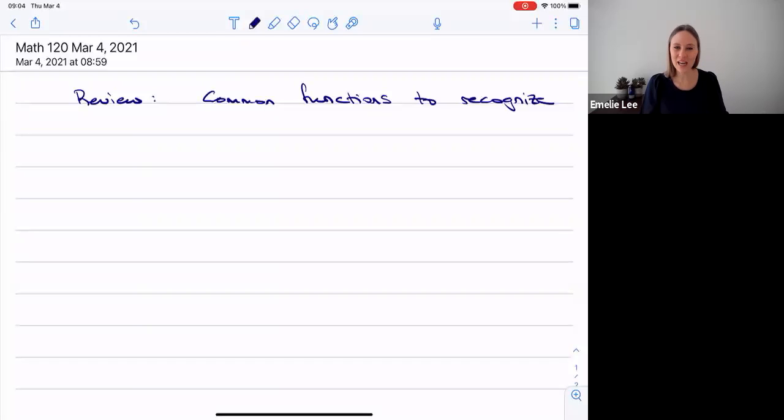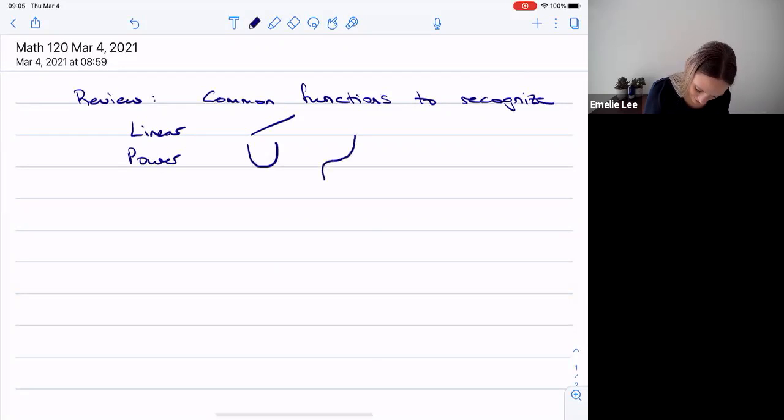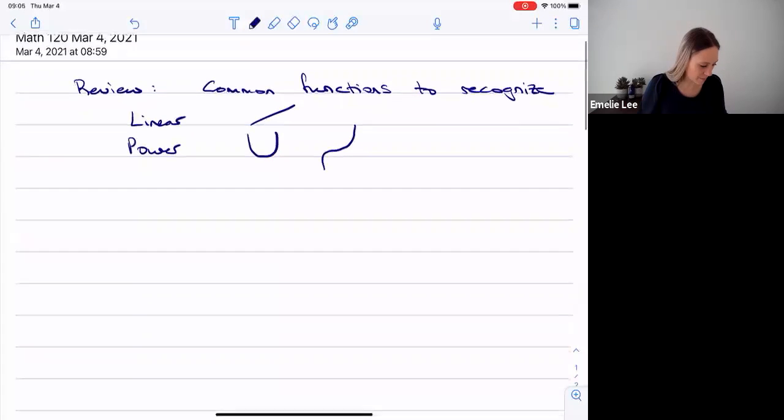So we talked about some common functions like linear functions, kind of straight lines like this. We talked about power functions, which can look like this or like this, depending on the situation. Here we have even powers, here we have odd powers, and we'll talk more about these, so that's why I'm rushing through them.